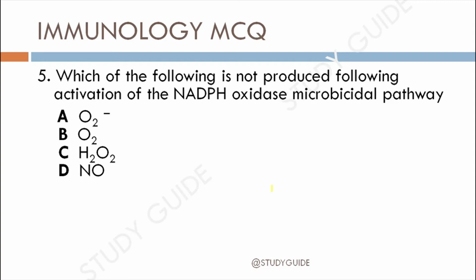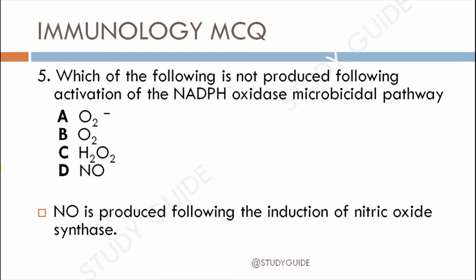A, B, C, D. You can write your answer in the comment box also. The correct answer is option D. NO is produced following the induction of nitric oxide synthase, and this is different from the others. So our correct answer for the fifth question is option D.